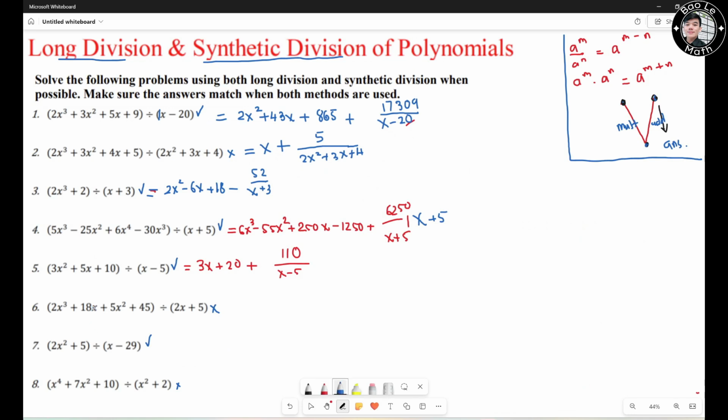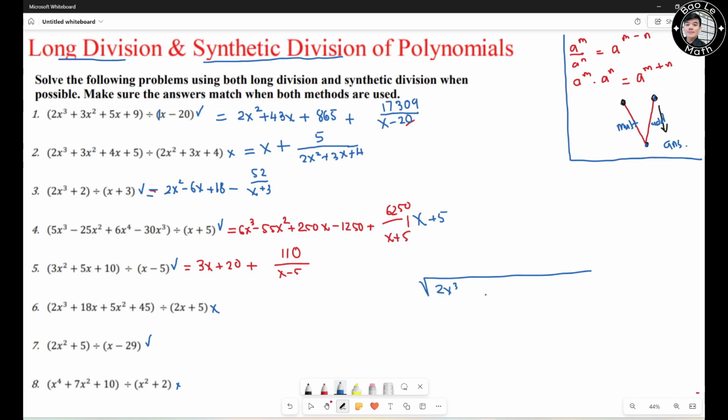Alright, let's move on to the next question. For this one, we only do long division. We cannot do synthetic division because the coefficient is going to be 2. So rearrange this one. This is power 3, so it could be 2s cubed.